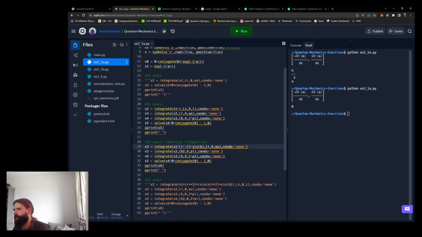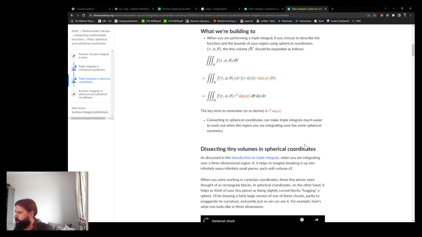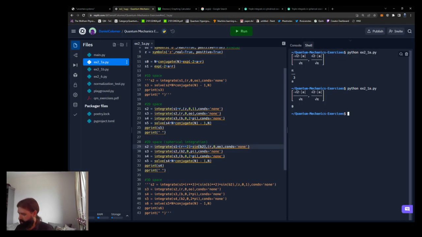R squared sinus of theta 2, maybe that's the thing, right? Or not, or what? Yeah, that's the other angle. So that's an important aspect of it. Still get the same. Still get the same.